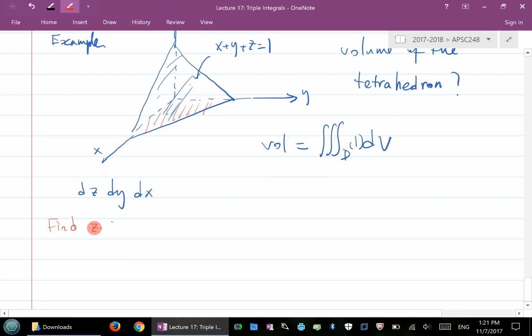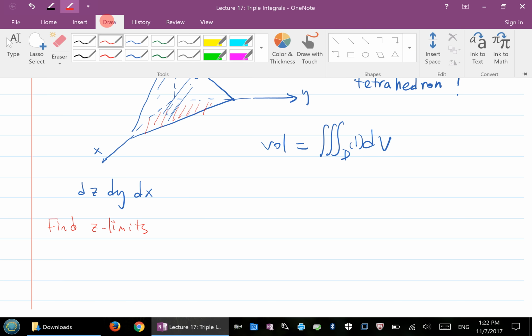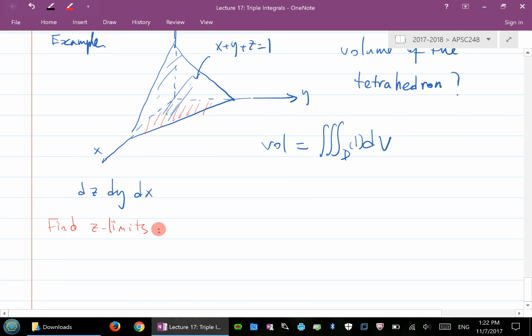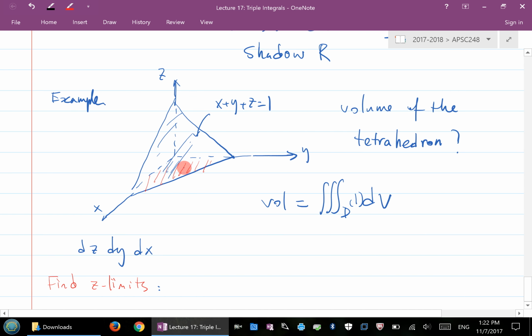But first, let's find the z limits. Finding the z limits means starting from a point inside the shadow, then you draw an arrow line in the positive z direction across this region D. That's the first step.